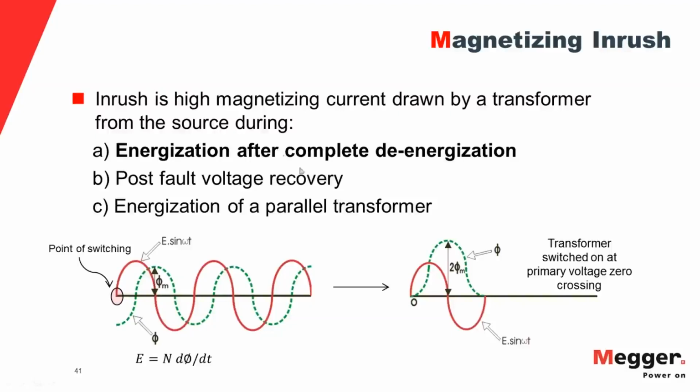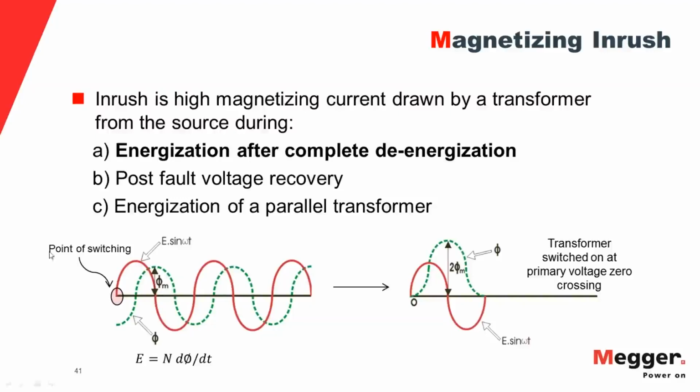So what the transformer will do is it will compensate for this negative effect, and it will change the flux waveform shape to this shape. It will compensate the flux for the whole voltage cycle.